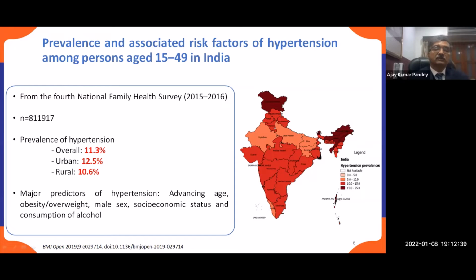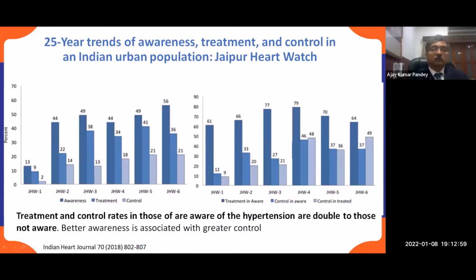This was from the National Family Health Survey, 11.3, urban 12.5 and rural 10.6. But the major predictors of hypertension were advancing age. People with advanced age are more prone to have hypertension. People with obesity, overweight, male sex, higher socioeconomic status, and consumption of alcohol are also more prone.